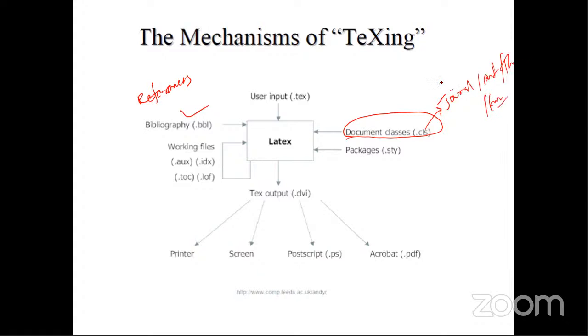Within journals, IEEE, Springer and Elsevier are different publishers, and each has its own .class file. So the .class file specifies the layout, provided by the publisher, and the .bib file is what you have to enter. I will show how we can enter this .bib file or .bbl.